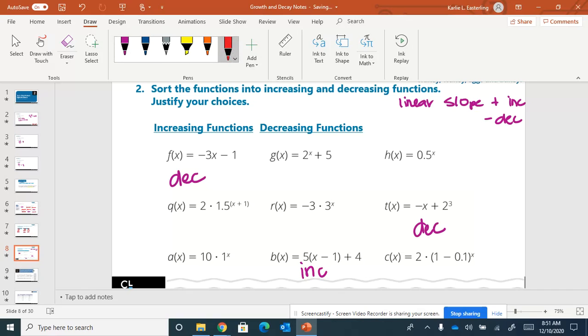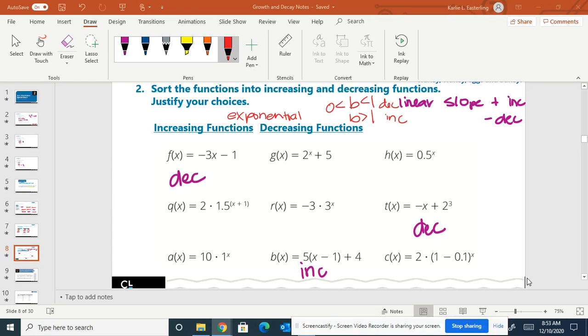All right? So for exponentials, I guess we'll write this right here. If your b value is between 1 and 0, it is a decreasing function. And if b is greater than 1, it is an increasing function.